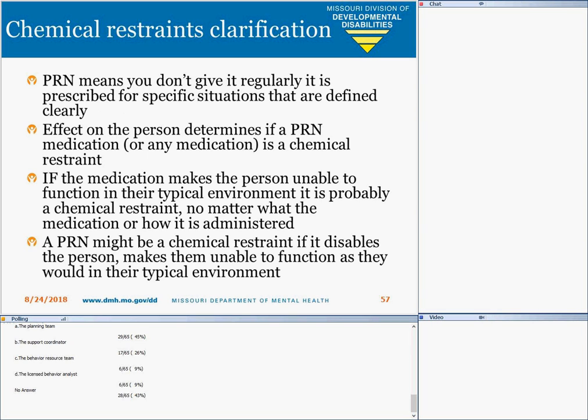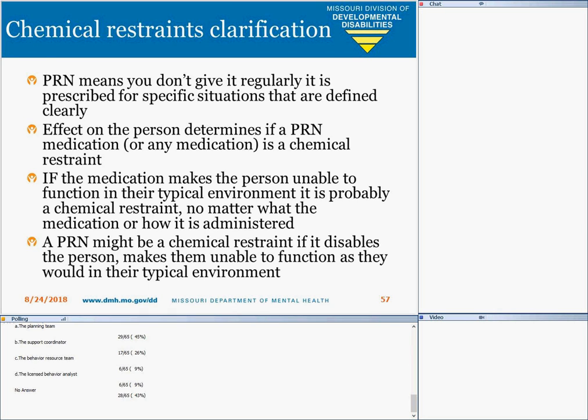I have a question, and I'm going to talk that through with you all in a minute. So, friends, PRN means as-needed medications, prescribed by physicians, usually at the request of people who are supporting the individual, sometimes at the request of the individual or because of the symptoms the individual is presenting.